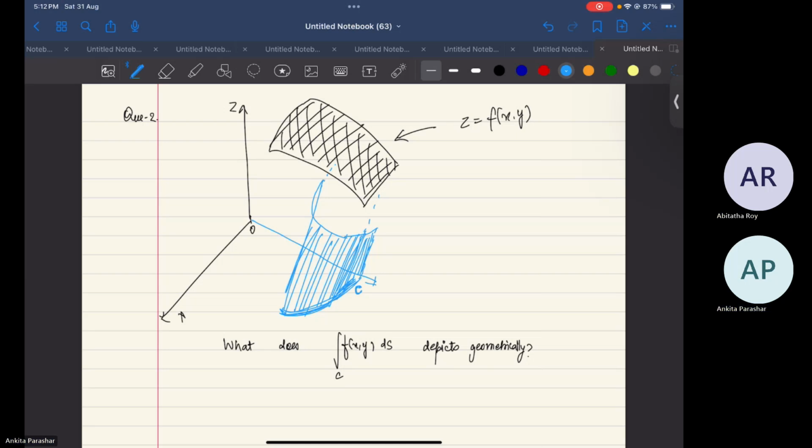What you say is exactly the meaning of the integral, but does it have any geometric meaning? I'm just finding the integral along the curve C of the function f, but does finding this integral have any meaning?